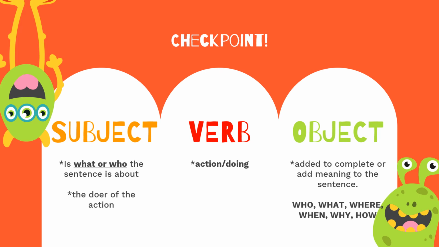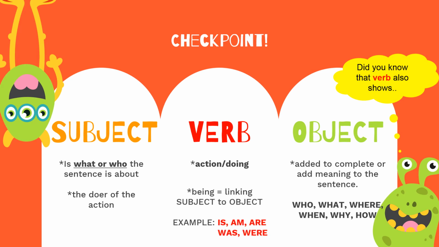It can answer the WH questions: who, what, where, when, why, and how. Remember, the verb can be linking or being, so it's connecting our subject to the object. Examples are is, are, was and were.